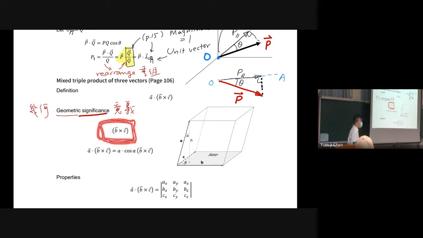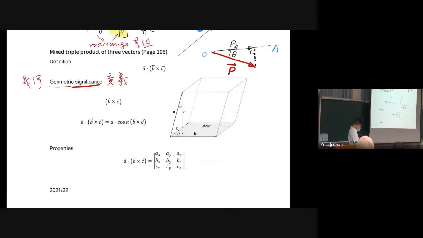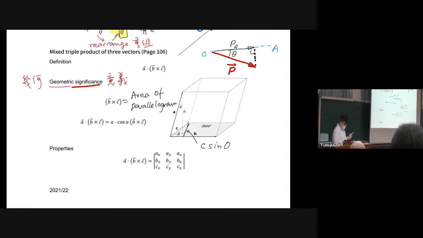So we will get the area of the parallelogram, because the length of this line is C sine theta, right?